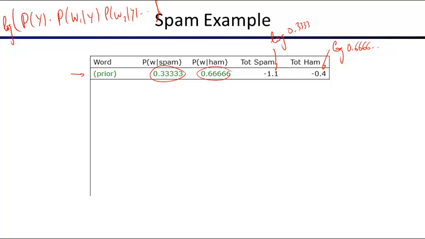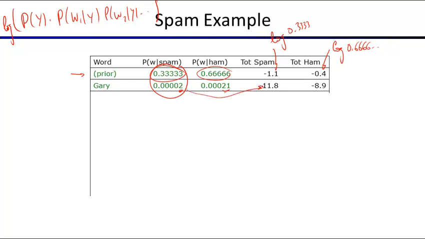So this starts with Gary, that apparently has probability of 0.0002 when something is spam, but a much higher probability when something is ham, maybe because you are Gary, and so a lot of emails have that word in it.